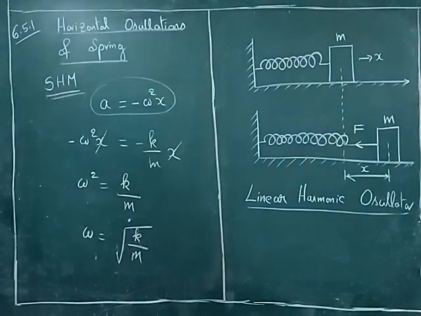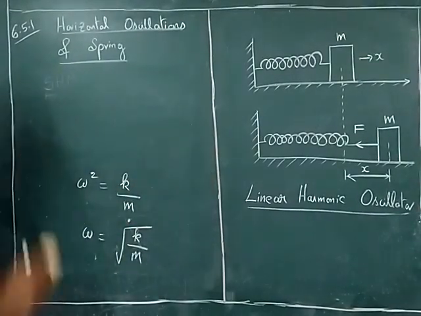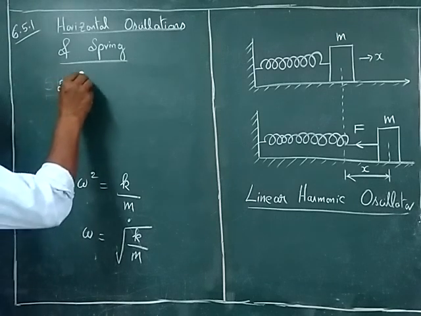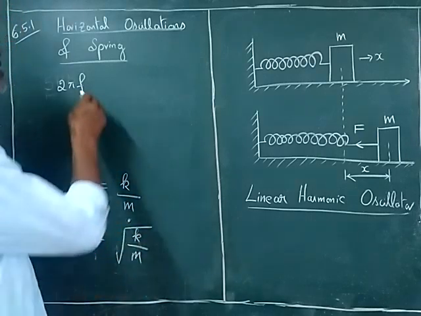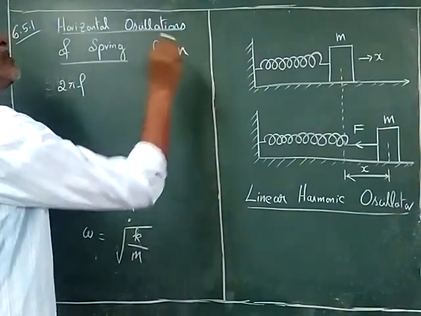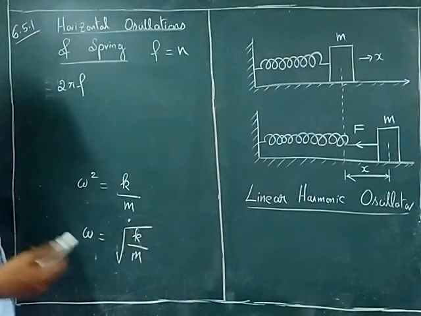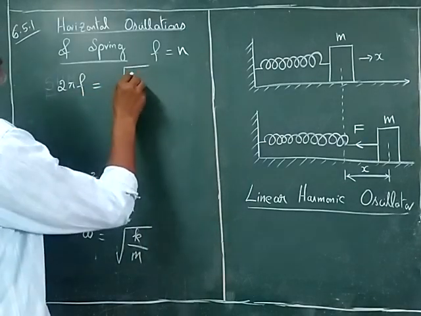We all know that omega is equal to 2 pi f, where f is the frequency. In textbooks, this f is given as n. I'll be using f as frequency.